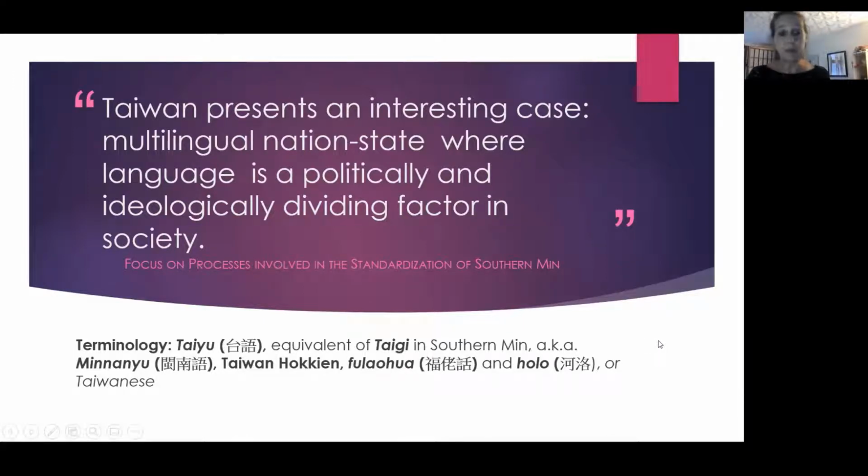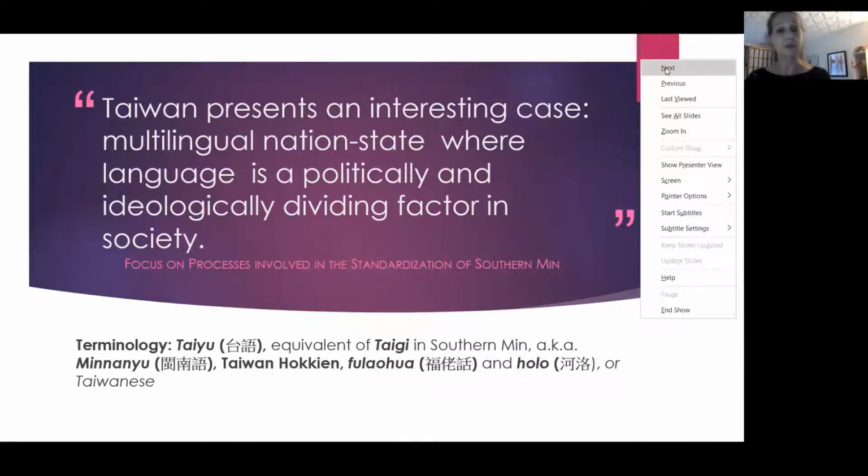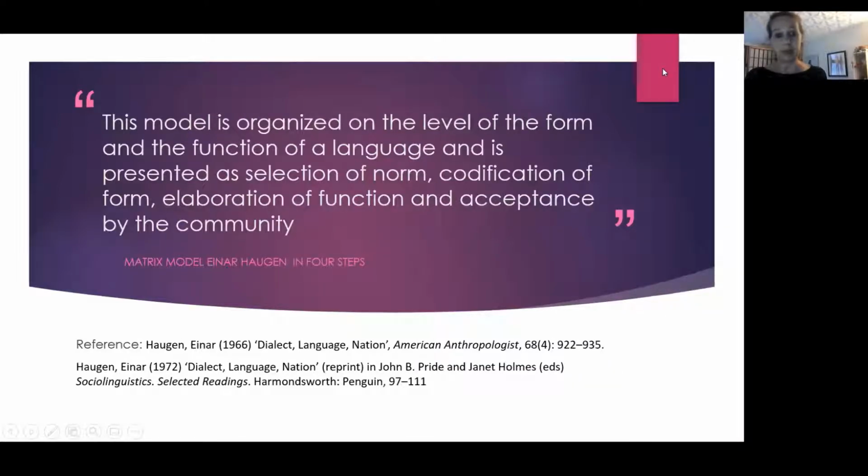This is one of the elements whenever we write about Taiwan and we touch on the language, we more or less have to explain which terminology and romanization system we are going to use. And this romanization system will also come to your attention further down in this presentation. Next slide, where we have the wide range of terminology.